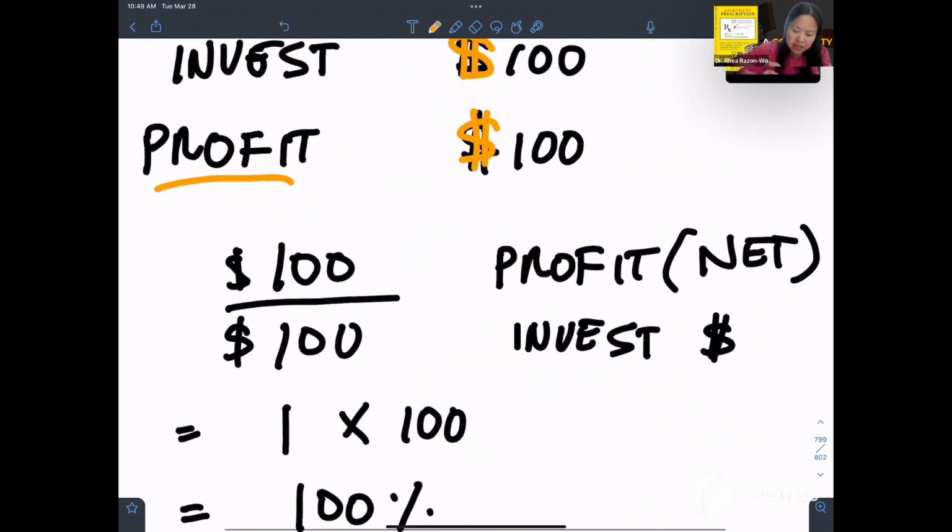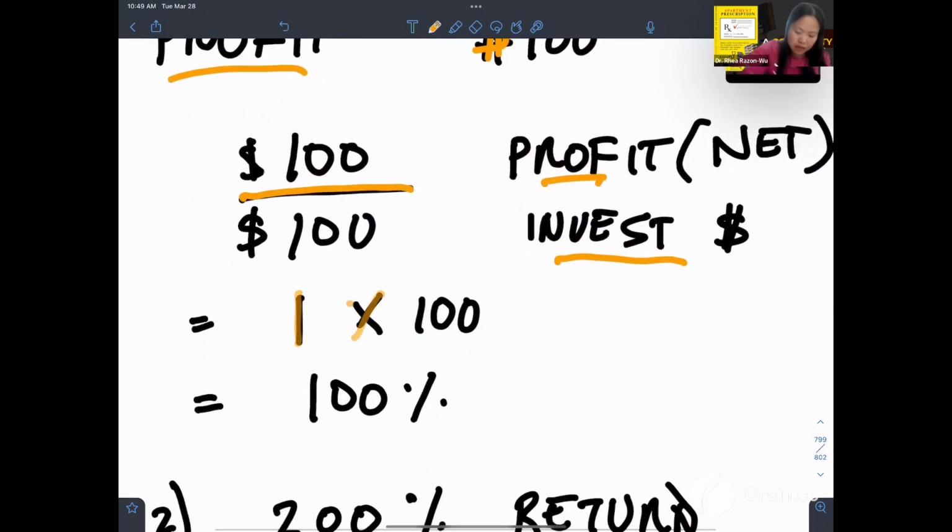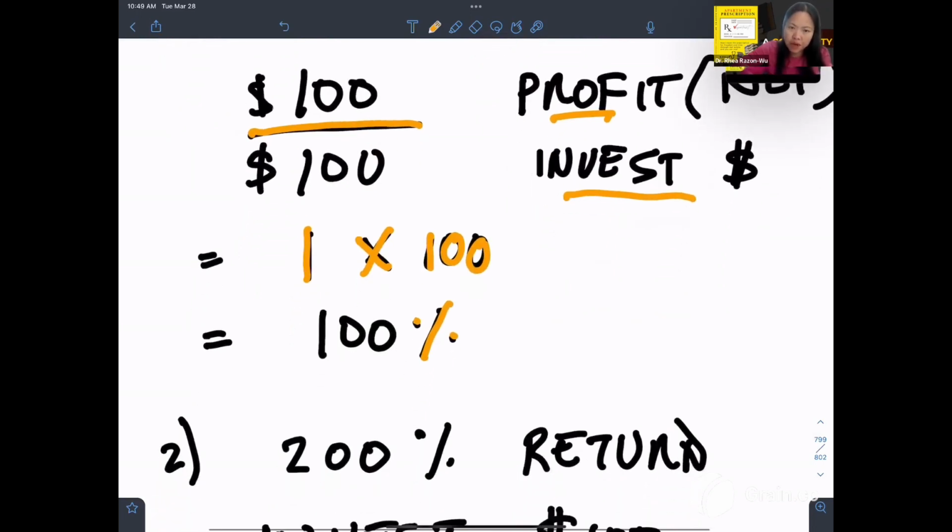The formula is $100 of our net profit divided by the $100 of the money that we invested. That 100 divided by 100 will give us 1. We have to multiply it by 100 to get a percentage. So 1 times 100 will give us 100% ROI, or return of our investment.